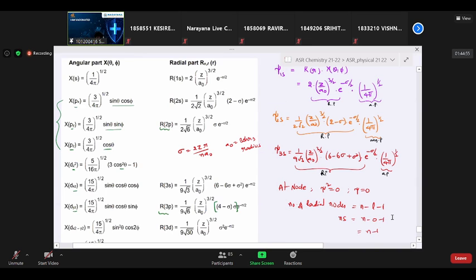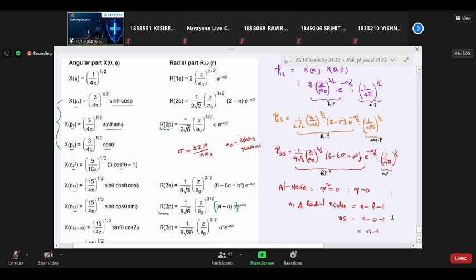At what distances do we have radial nodes for 3s? That also we can calculate. That is a speciality of these ideas. Listen carefully. For s orbitals, cos theta, sin theta, cos pi, sin pi are not there, so the angular part is independent.